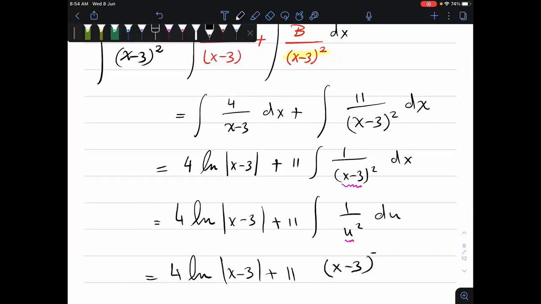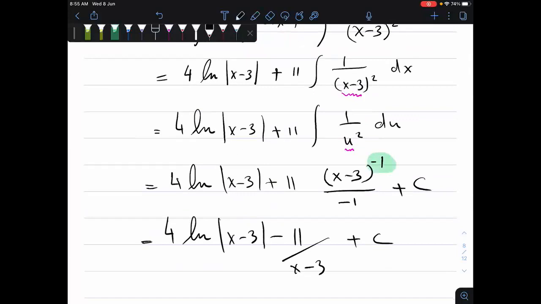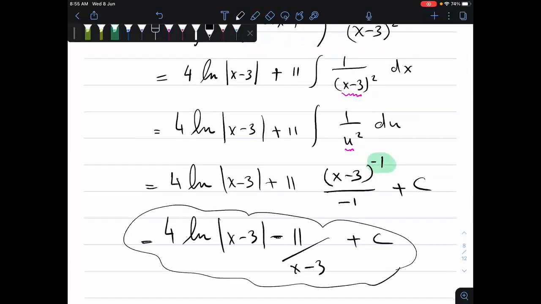Negative 1 over u, like this, over negative 1 plus c, because u is x minus 3. So 4 ln absolute value of x minus 3 minus 11 over x minus 3 plus c, because the power negative 1, we can drop it down as x minus 3 to the power 1, and dividing positive by negative is negative. This is the final answer.